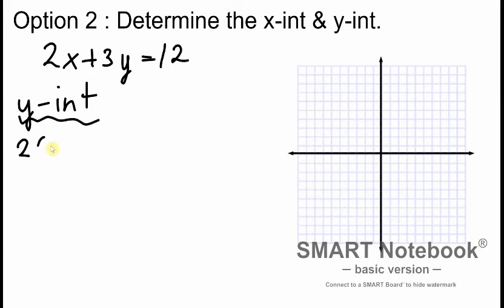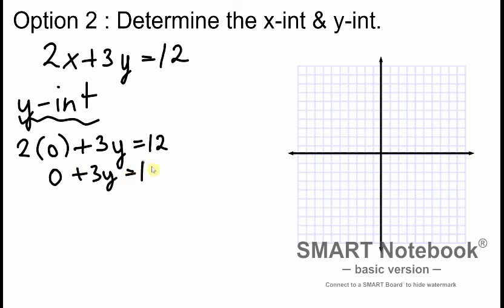So in a similar way to the previous slide where we replace x with a value and solve for y, we're doing that again. But look at this. When we replace x with 0, that leads to much simpler math. 2 times 0 is 0, plus 3y equals 12. Writing the left side a little bit simpler, it's just 3y equals 12.